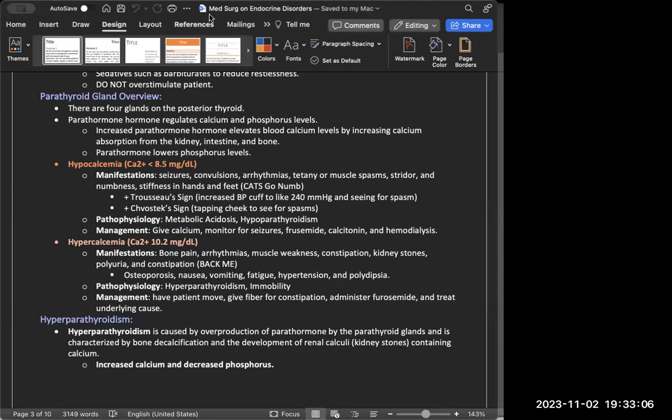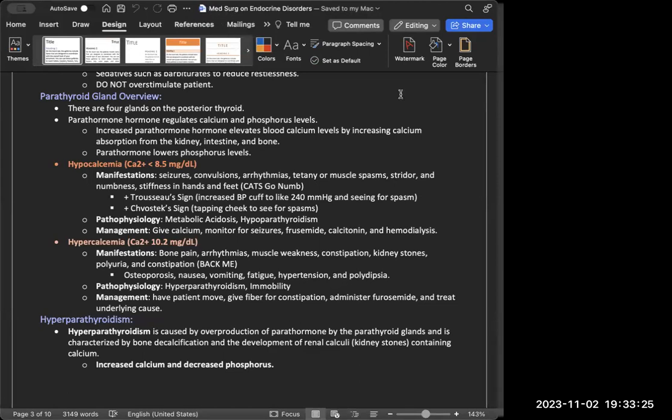And we don't want to put anything in their mouth, and we want to protect them, okay? So that's just something I want to put out there to refresh in your mind, because seizures can happen. And like I said, the mnemonic CATS GO NUMB.